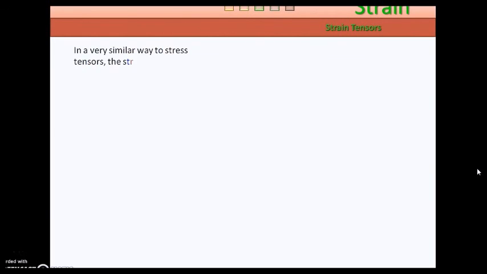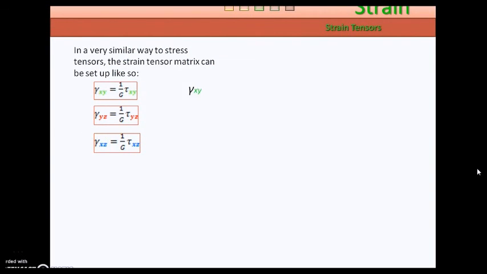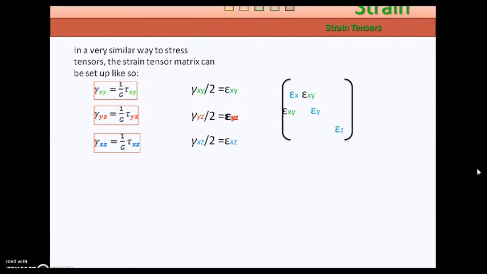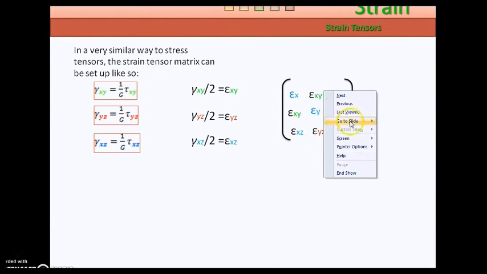So now we move on to our final subtopic under strain analysis. Like the stress tensors, the strain tensors have the normal component strains going down this diagonal, and the shear strains are here, which I'll just highlight.